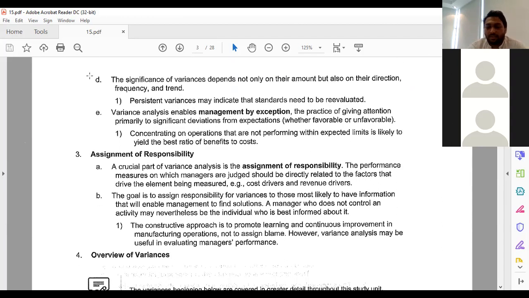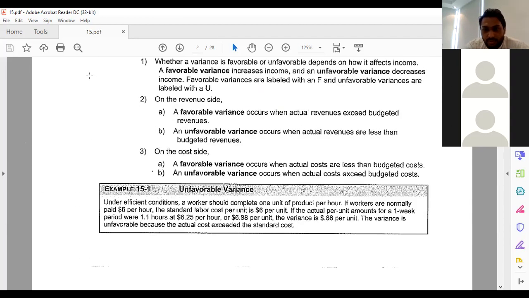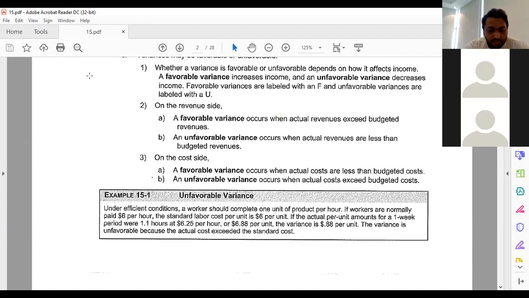How we got 6.88? It's 1.1 hours into 6.25. Labor per hour rate is 6.25, right?